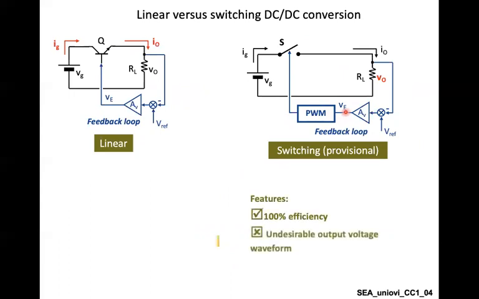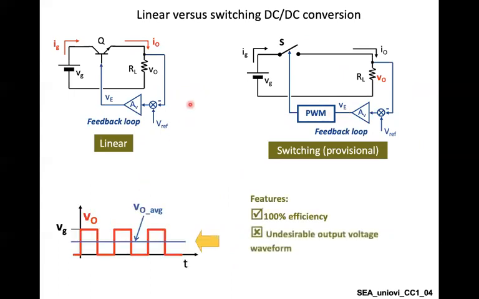As you can see here, this should be the input and this should be the output. The input will be VG and the output is simply a square wave. When this switch is turned on, I mean this is a short circuit, V output equals VG, which is this case, in this higher case.